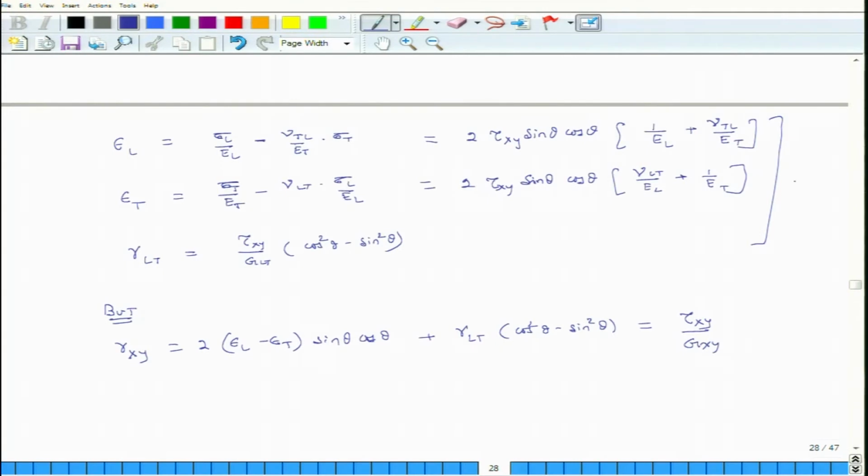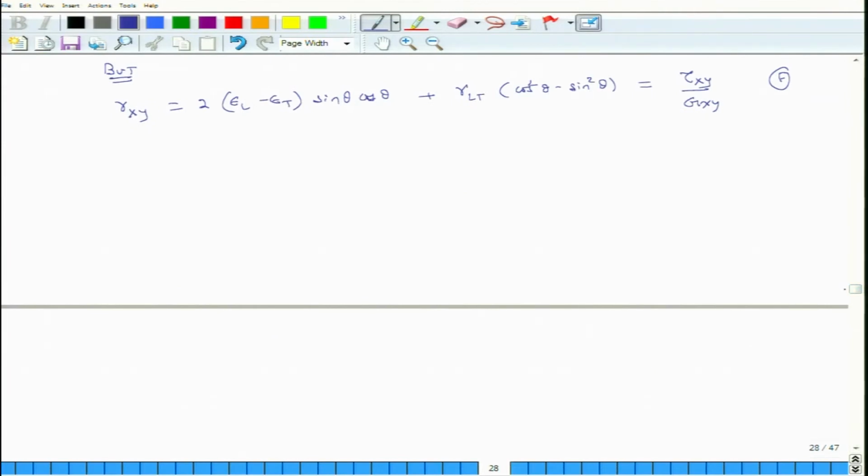So, let us call this equation E and this is F. If I put E in F, what I ultimately get is 1 over Gxy equals 1 over EL plus 1 over ET plus 2 nu LT by EL, minus 1 over EL plus 1 over ET plus 2 nu LT divided by EL minus 1 over GLT, cosine square 2 theta.